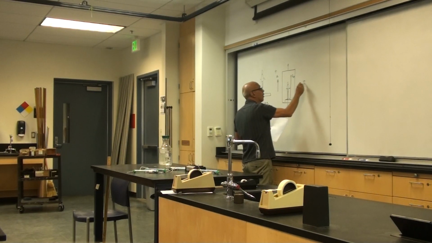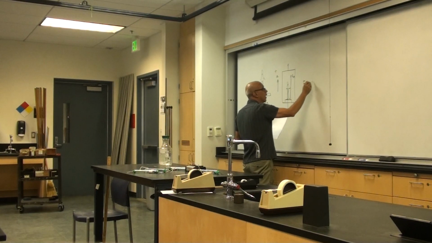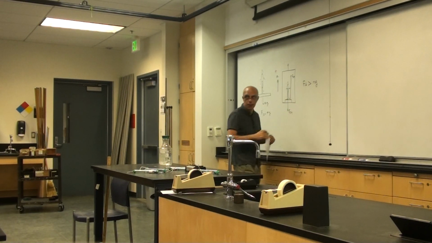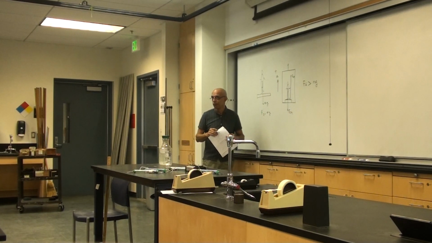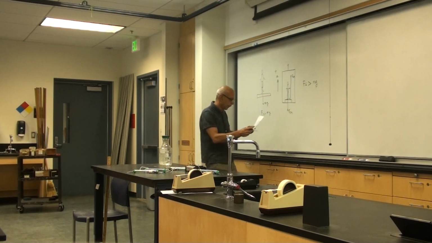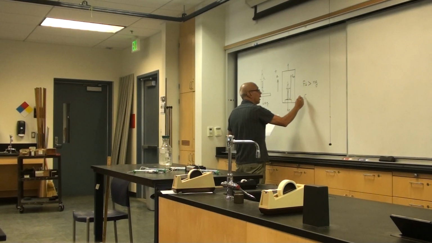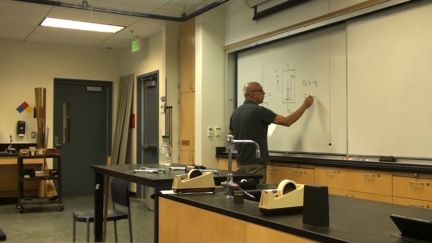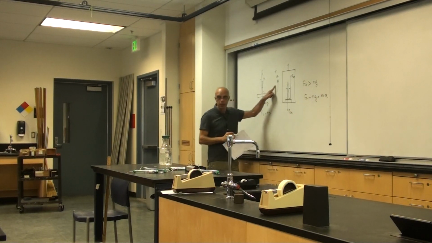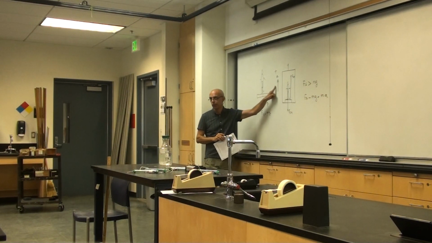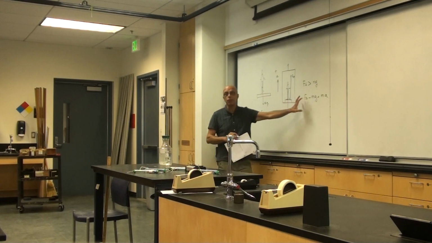So F_S has to be greater than mg. So F_S minus mg is going to be ma, and the a is this acceleration here. It's the sum of the forces.